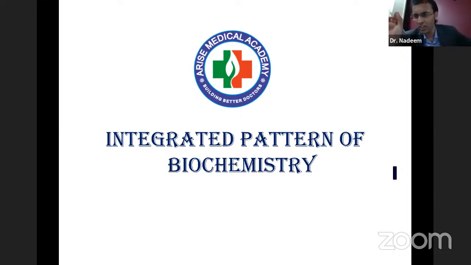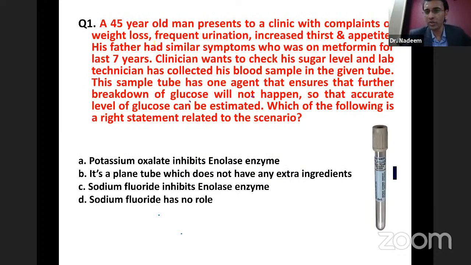So the one-liner question used to be the blueprint of FMGE, right? That was the old pattern. But now, even biochemistry, physiology, all questions will be asked in an integrated manner, in a clinical fashion. So first question for you of biochemistry. See this one.